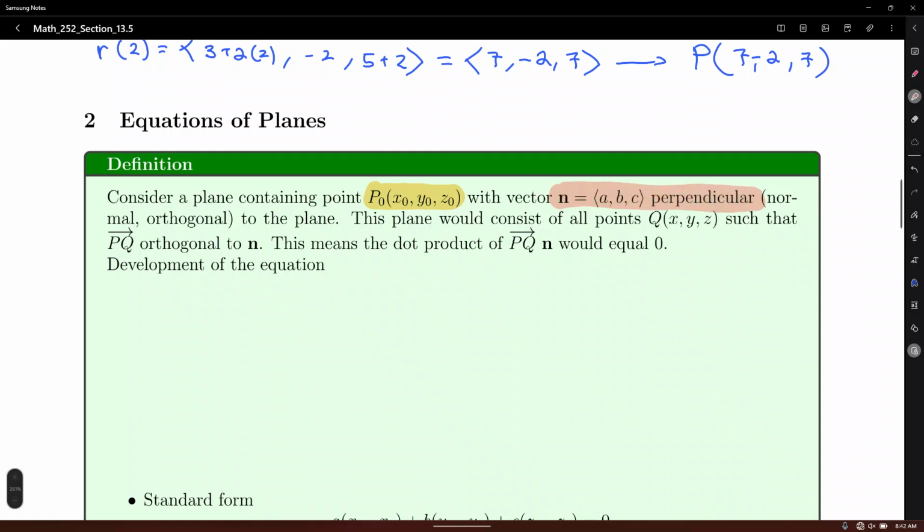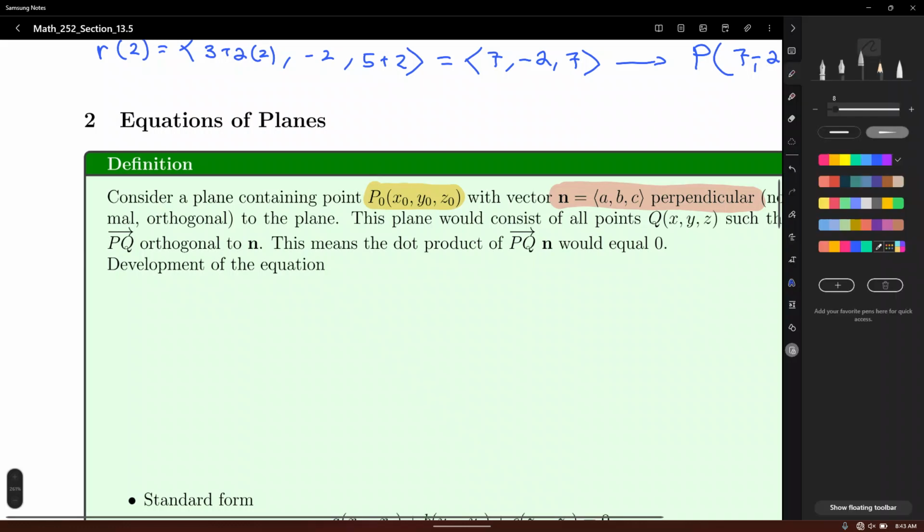All right. So visually, if I have this plane right here, this plane has a normal vector that forms a 90-degree angle with the plane. Those are the two pieces of information that we're going to need to describe the equation of a plane. Well, let me draw a picture.